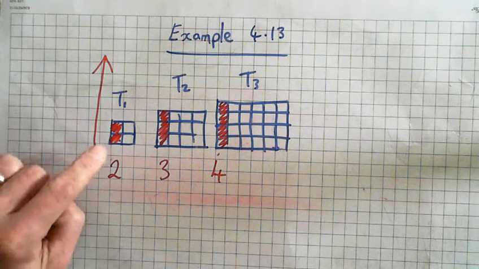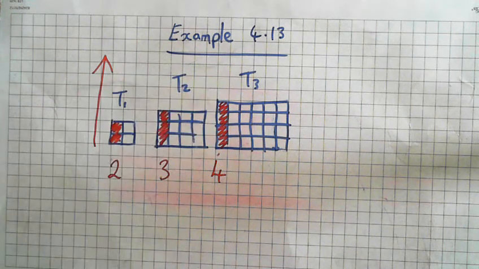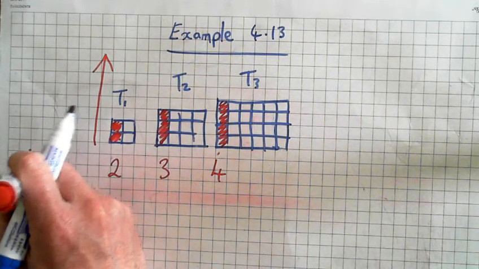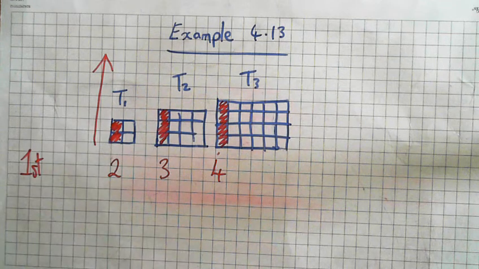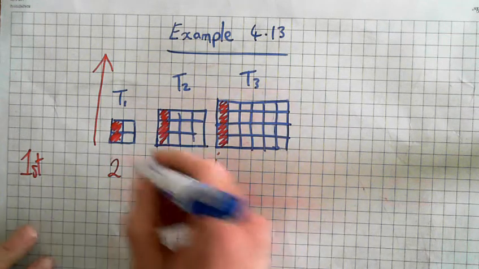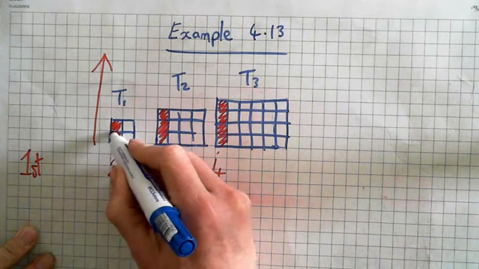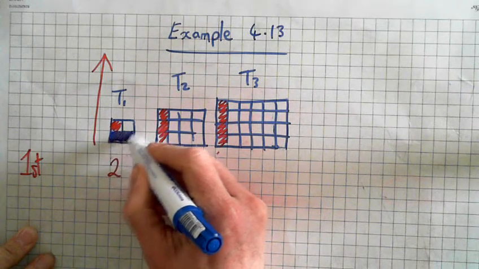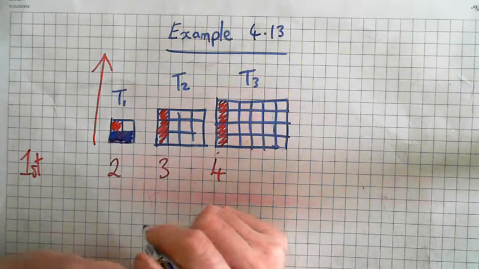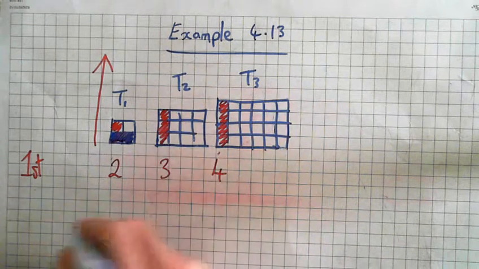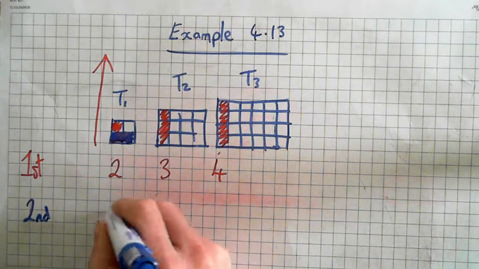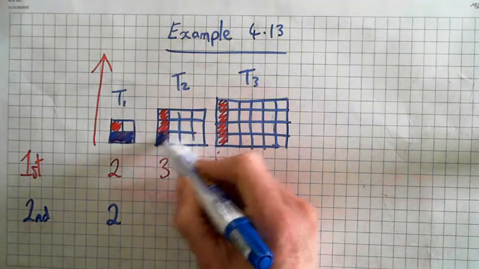So we have 2 sequences. We have the red sequence, that's the first sequence, and we have another sequence. The other sequence is going across this way. What's the first term there? 2. What's the second sequence? 4.